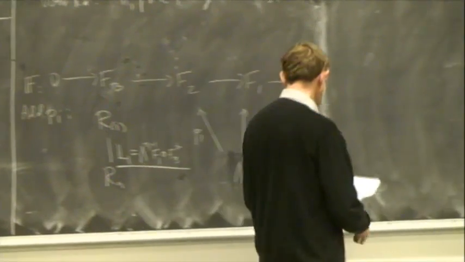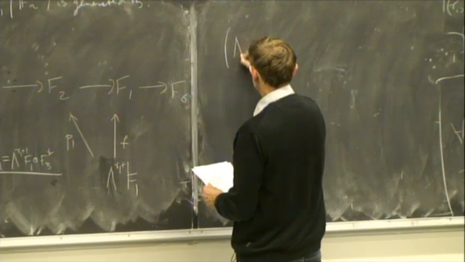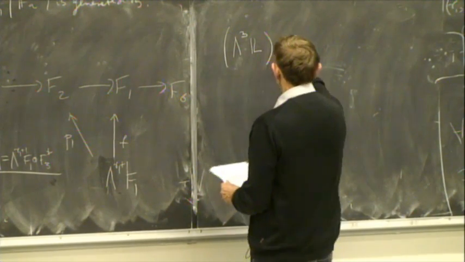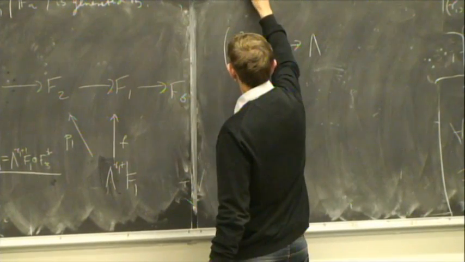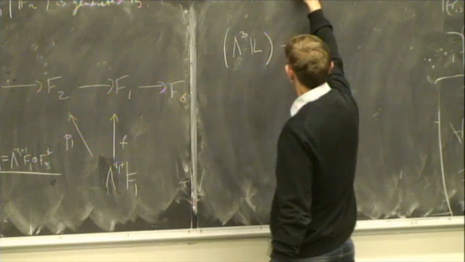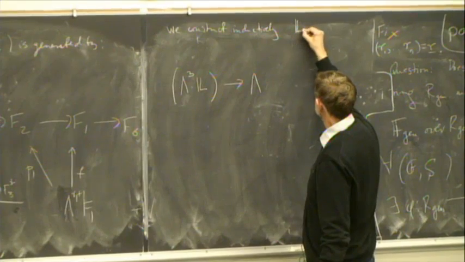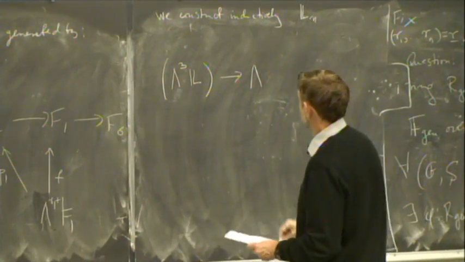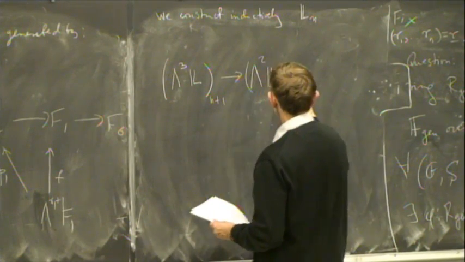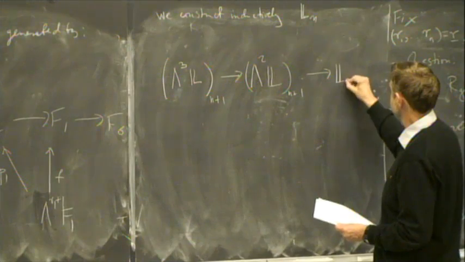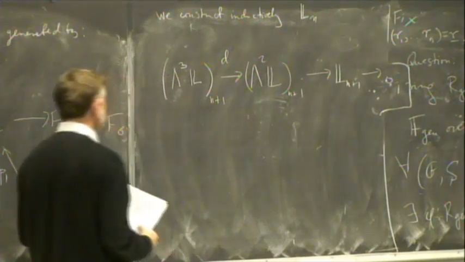So in fact, you can construct this inductively, if you know something about Lie homology. We construct Ln inductively by the usual Koszul differential going from wedge 3L to wedge 2L.